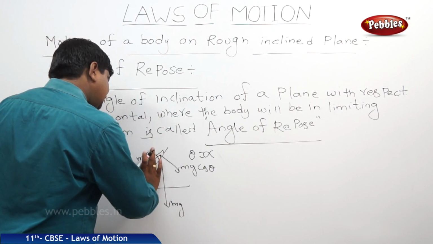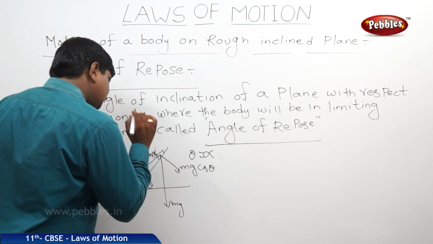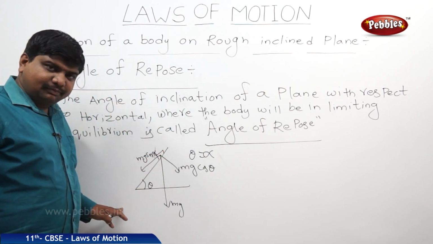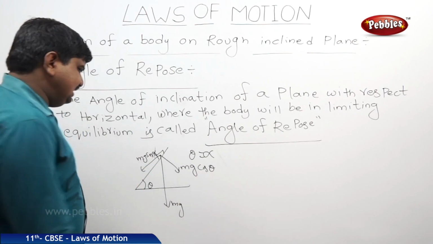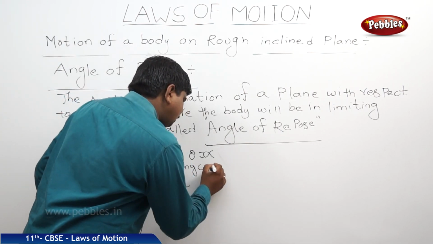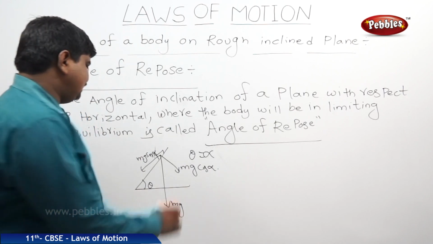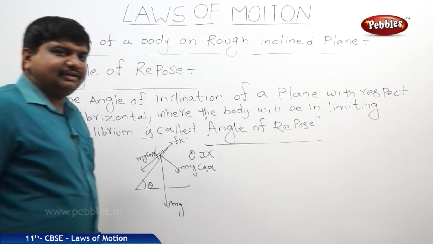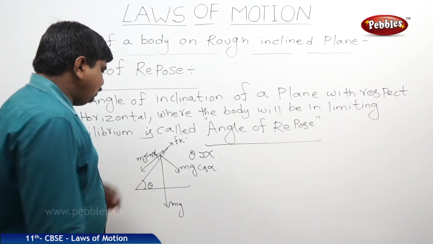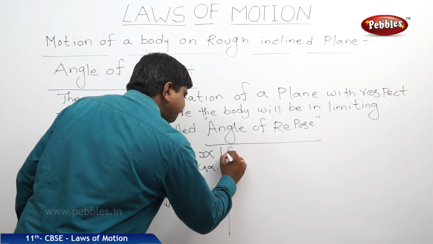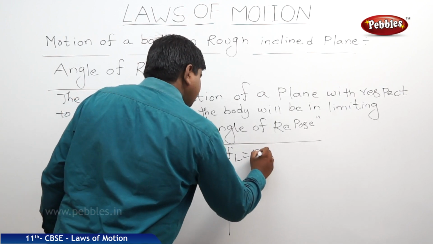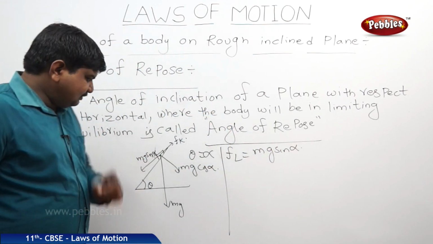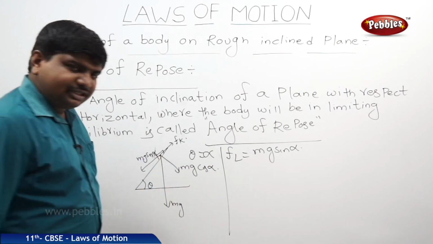So we can say that this mg sin alpha is the applied force by the body on the inclined plane. Mg cos alpha is the force component. Along with that, we can see the frictional coefficient also, or kinetic friction. So the limiting friction Fl is equal to mg sin alpha, as well as normal force is equal to mg cos alpha.